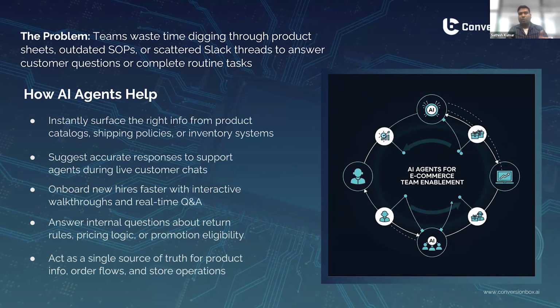So try to build some kind of an AI agentic approach. Definitely have a human in the loop, but make things automated that are repetitive tasks. Those things you can automate with these kinds of AI agents.